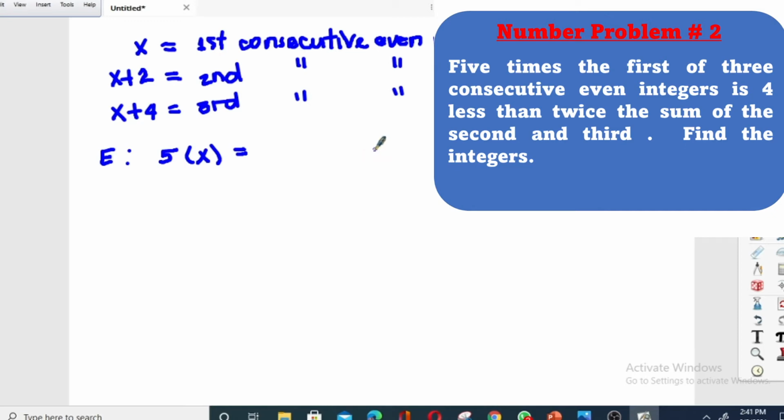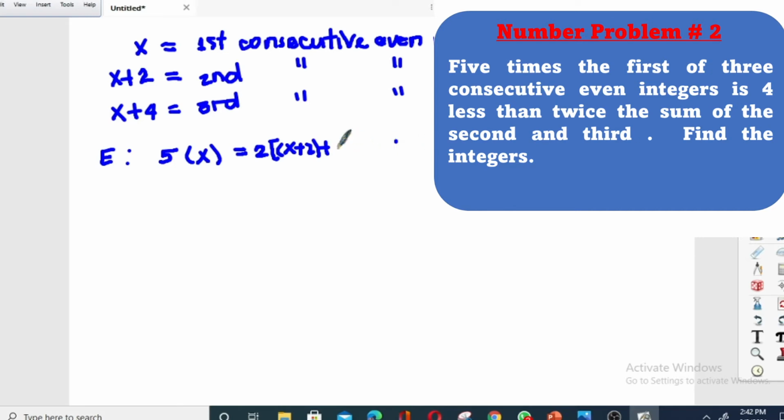So we should write here immediately 4 less than, less than twice the sum. Less than twice the sum of what? The sum of the second and third. So this is x plus 2, and the third is x plus 4.